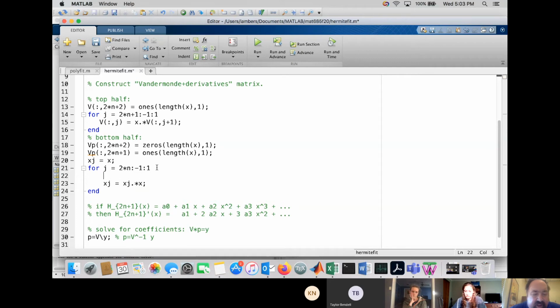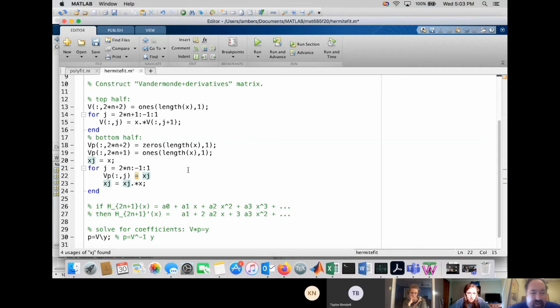So what will I do? My matrix, column J, that's the current column that I'm on, will be equal to whatever power of x I have, initially just plain x, then it'll keep going up, times the proper coefficient. Now, how am I going to do that coefficient? My coefficients will be 2, 3, 4, and so on, increasing by 1. But the column index is decreasing by 1. So how do I figure that out?